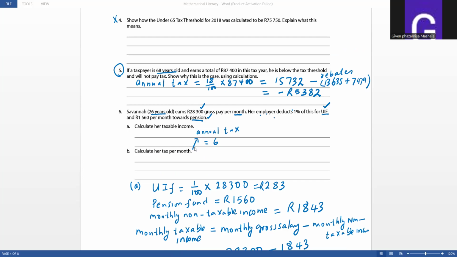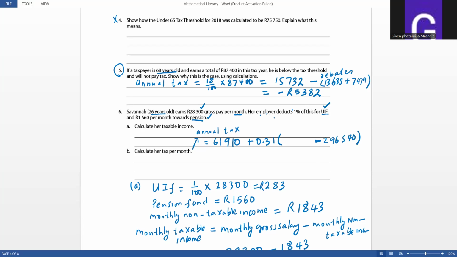I'll write it here. It says 61,910 plus 31%, which is 0.31, of the amount that is bigger than 296,540.